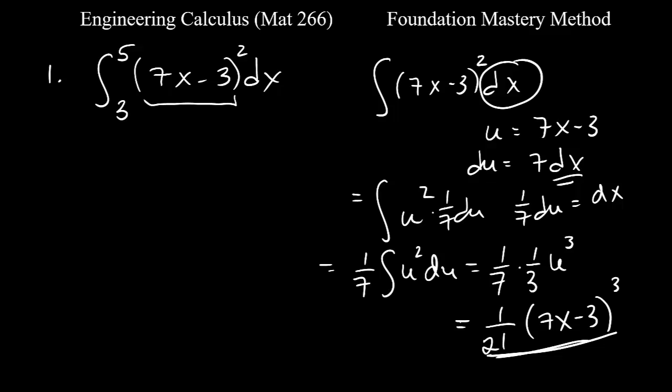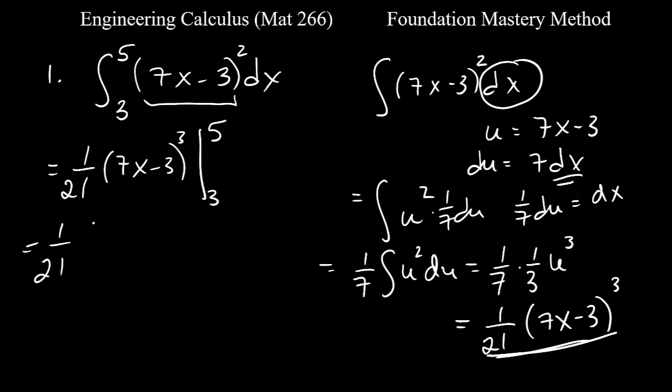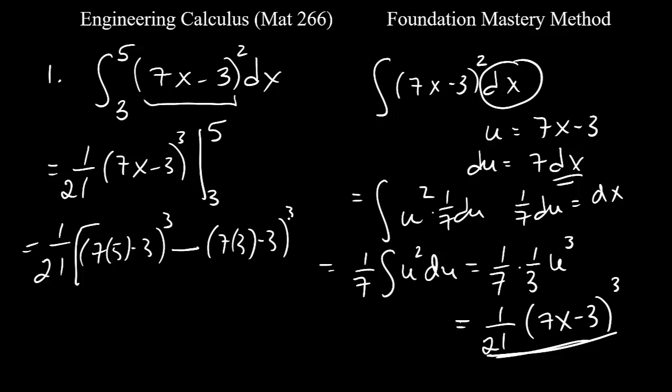By our fundamental theorem, this integral now becomes 1/21 times (7x minus 3) cubed, our antiderivative, evaluated between 3 and 5, which is 1/21 times (7 times 5 minus 3) cubed minus (7 times 3 minus 3) cubed.